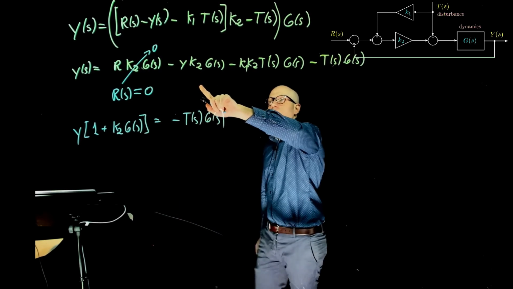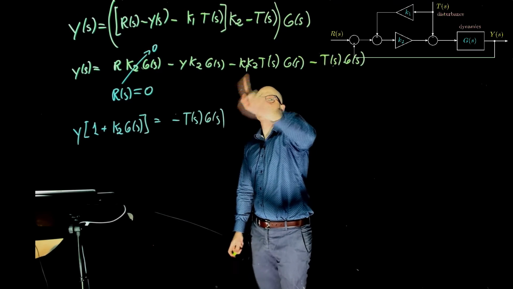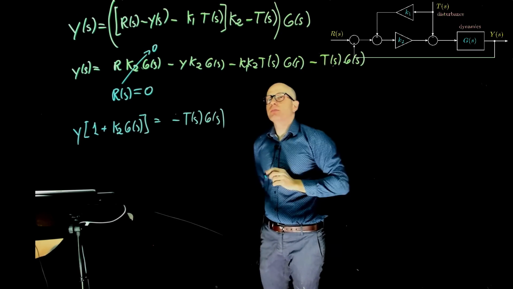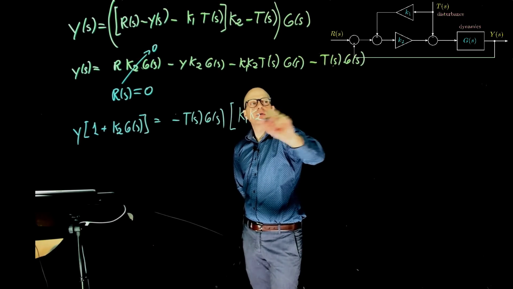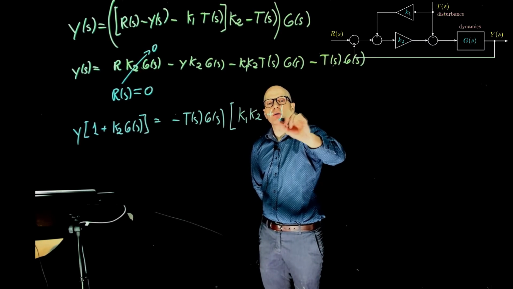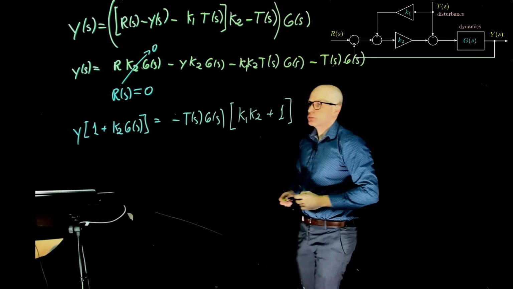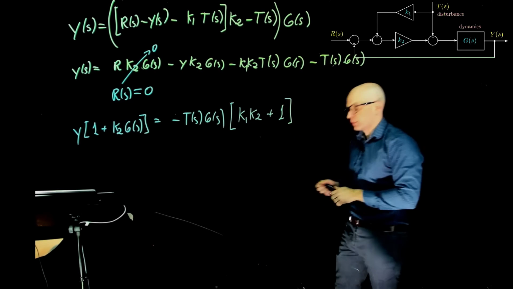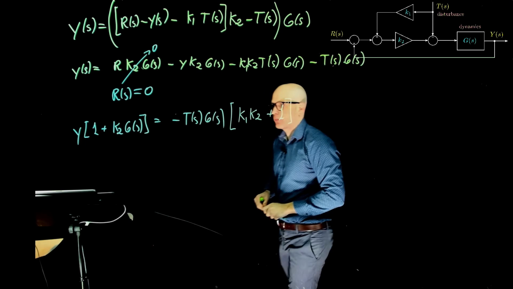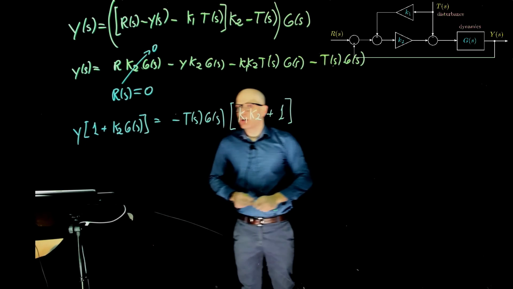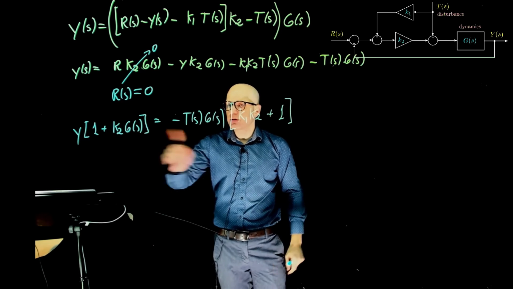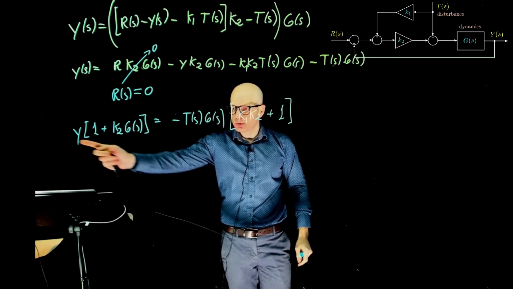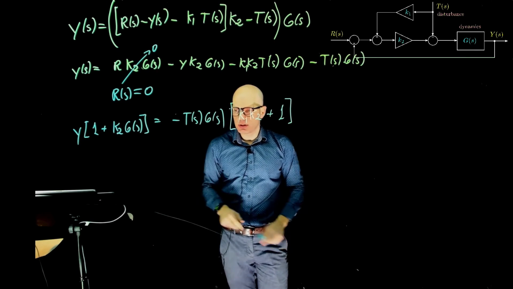They are common here, t g, you see, which is k1, k2 plus 1. Okay, so that's now the relation. We see the effect of the disturbance in the output. Right? Output is y, the disturbance is now our input.